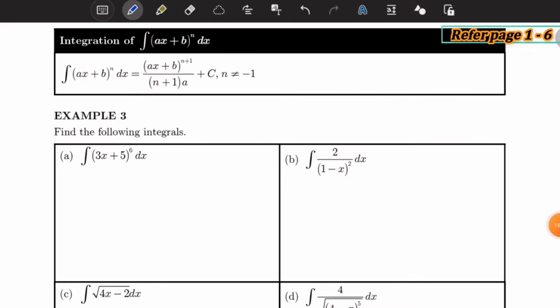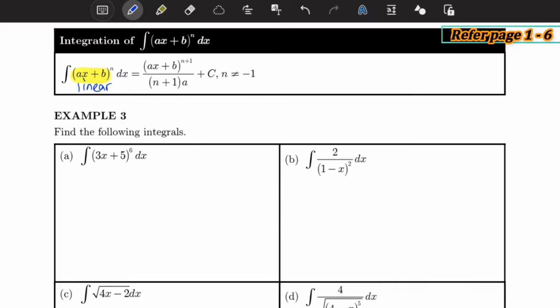Next one is integration of (ax plus b) power of n. For this rule, we need to make sure that the function inside the bracket is a linear function. This rule cannot be applied for non-linear function.